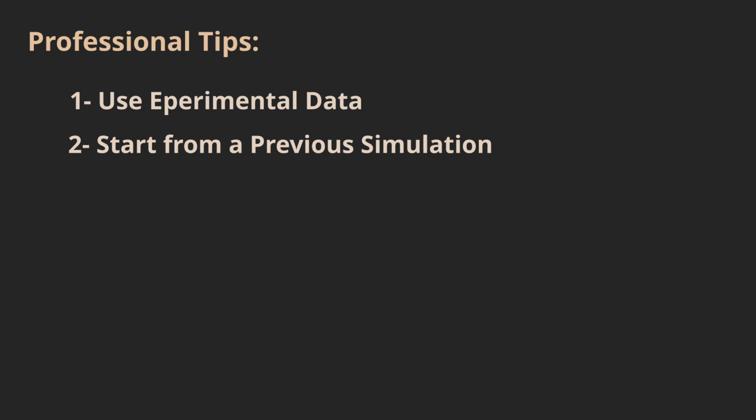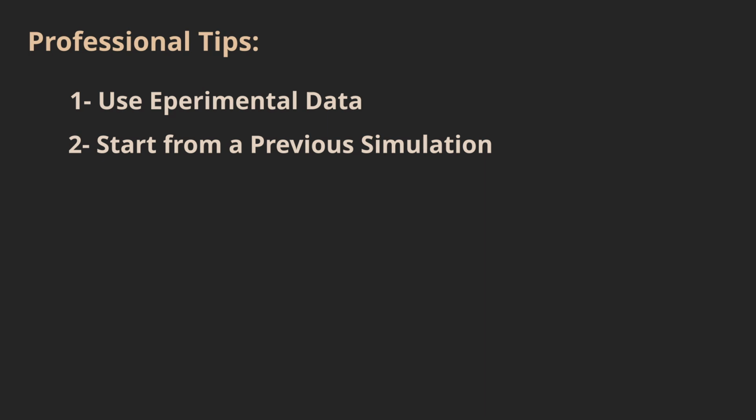Tip number 2. Start from a previous simulation. If you have already run a similar simulation, maybe with a coarser mesh, different solver settings, or different material properties, reuse those results as initial conditions for your new simulation. This is a common and effective strategy for saving computational time.